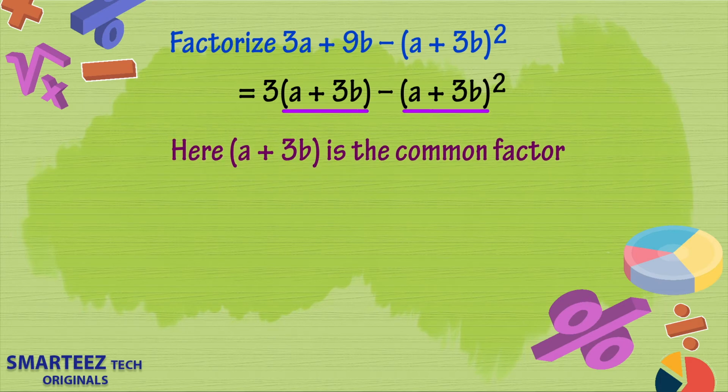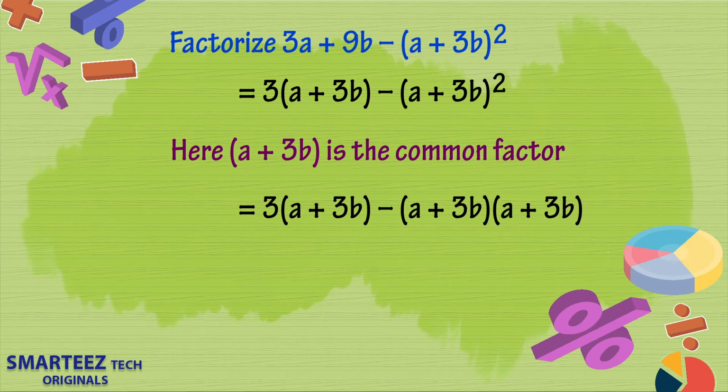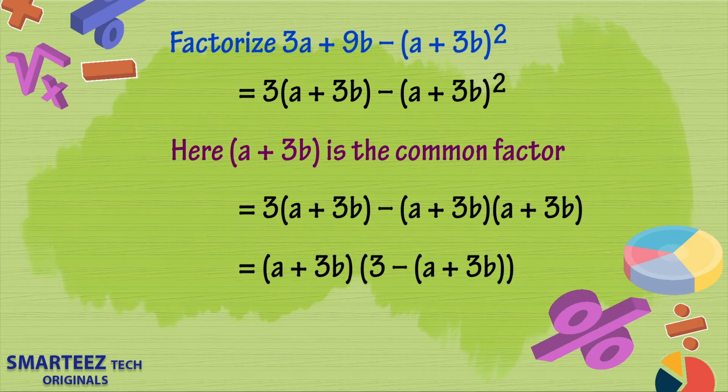Here, a plus 3b is a common factor. The second term has (a plus 3b) squared. So this expression can be rewritten as 3 times (a plus 3b) minus (a plus 3b) times (a plus 3b). Taking out the common factor a plus 3b, we get (a plus 3b) times (3 minus (a plus 3b)), which equals (a plus 3b) times (3 minus a minus 3b).